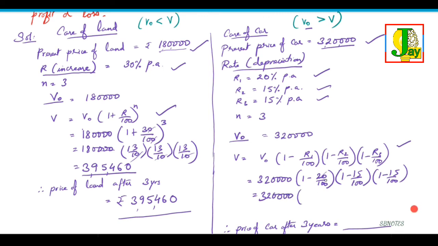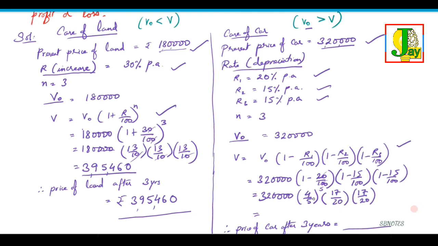That's 3,20,000, and 20 goes 5 times, so we have 5 minus 1, 4 by 5, and here we have 100 minus 15, 85, that's 17 by 20, and 17 by 20.